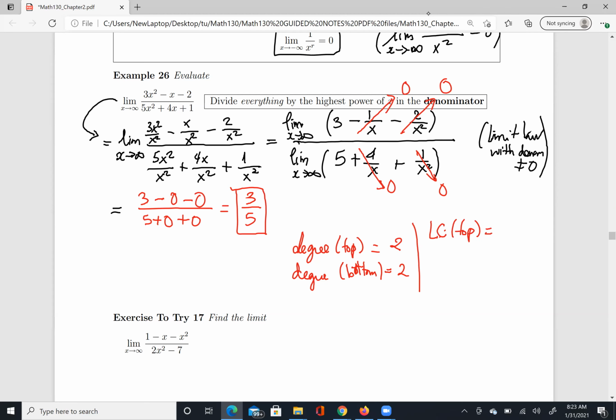Leading coefficient is the constant that's next to the highest power of x. The constant next to the highest power of x is 3, right? So I put 3.